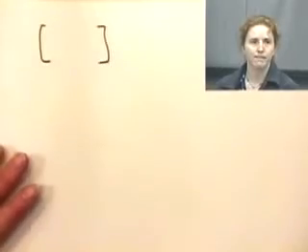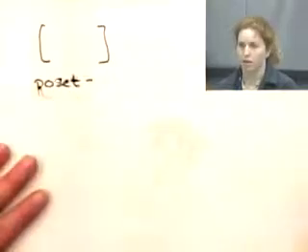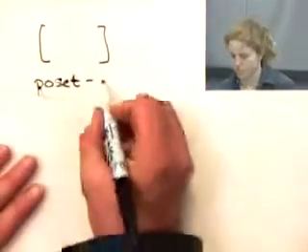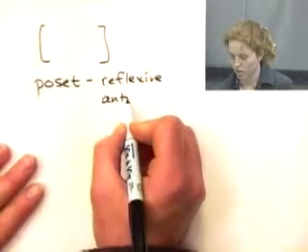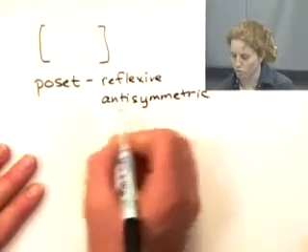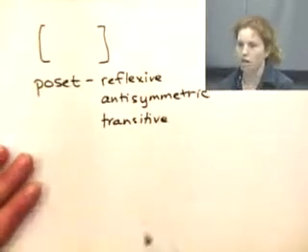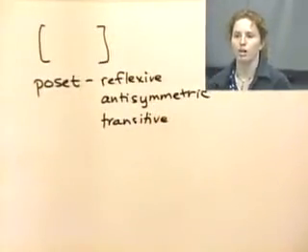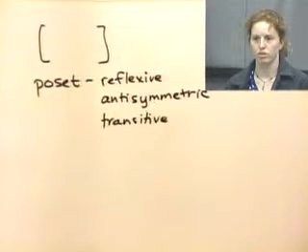So a partially ordered set has what properties? So if you had trouble with anti-symmetric, remember, if you had to draw the diagram, in a Hasse diagram, I have to draw everything going up, that means that nothing on the higher levels can relate back down to the lower levels.